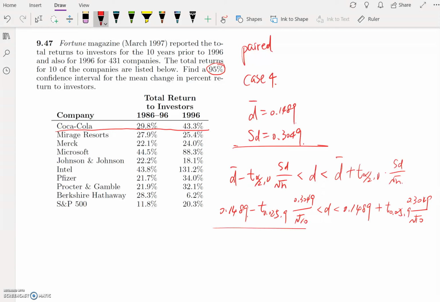From this formula we get the answer, minus 0.0692 to 0.3670. That's all for today.